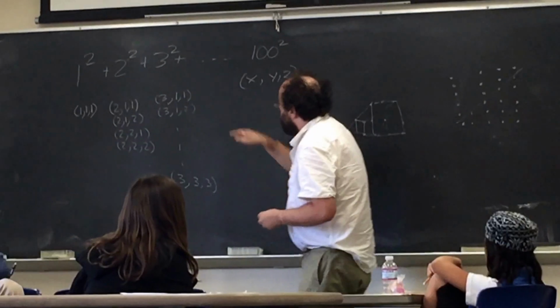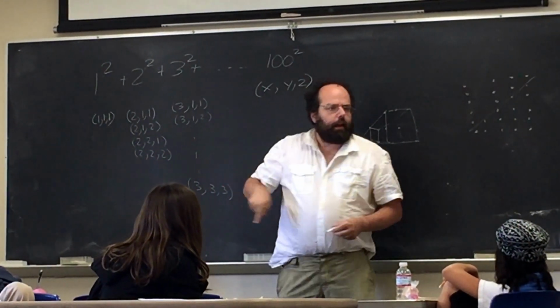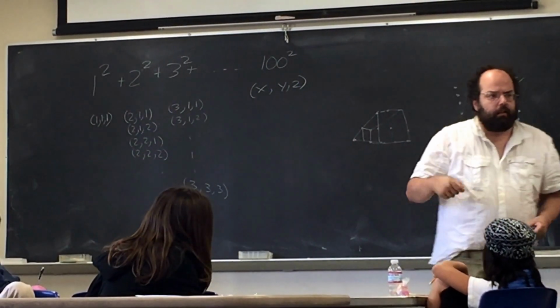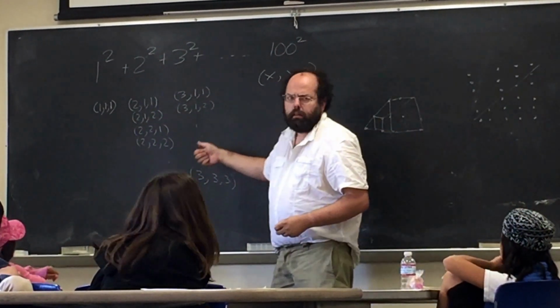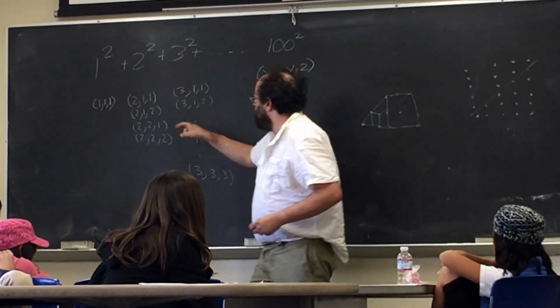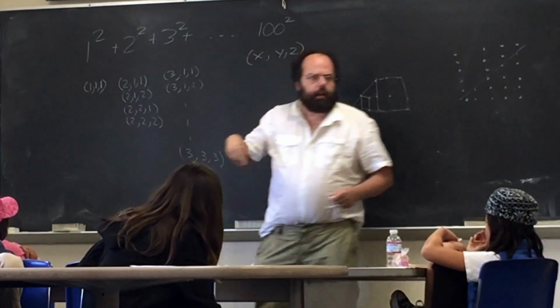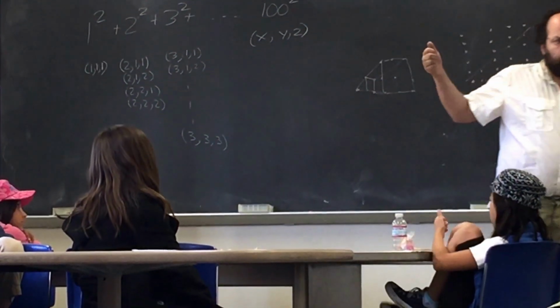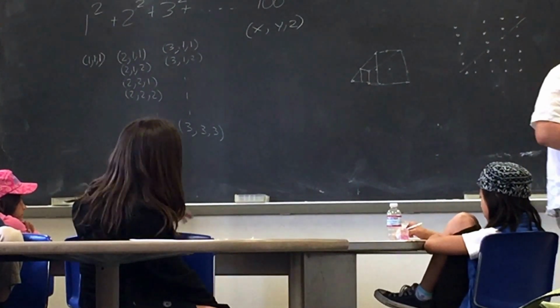And if it's the first one, it's in this set. And if it's the second one, it's in a set that's exactly the same size that I could have chosen by making the second coordinate like that. And then there are the ones which have the third one being the largest.